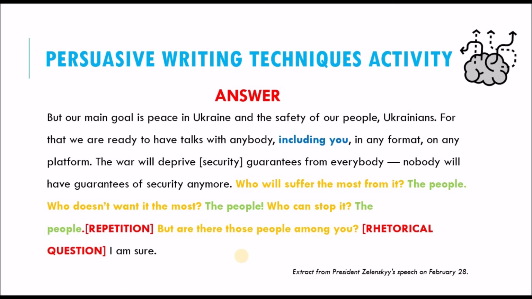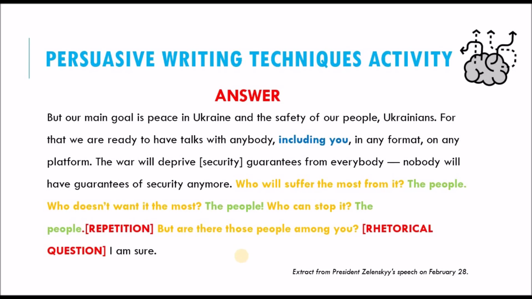And at the end of his speech, where he says "I am sure," it's like pulling on the emotions as well. Emotional appeal is there. It says, hey, I need help. We can't do this alone.